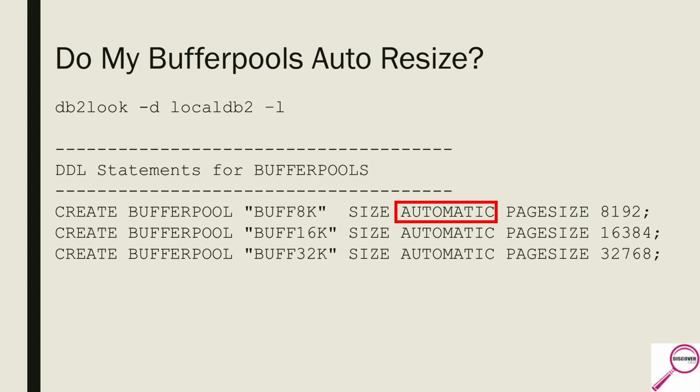Sure enough, I created an 8K, 16K, and 32K buffer pool, and they're all set to automatic. So they should resize. All right, so we're not hitting a cap or a limit. Maybe things aren't mapped properly. That's not uncommon. I hit a table that's supposed to be in a 16K table space, but for some reason it's mapped to a 4K.